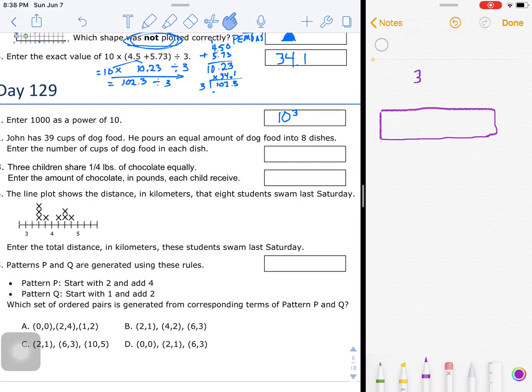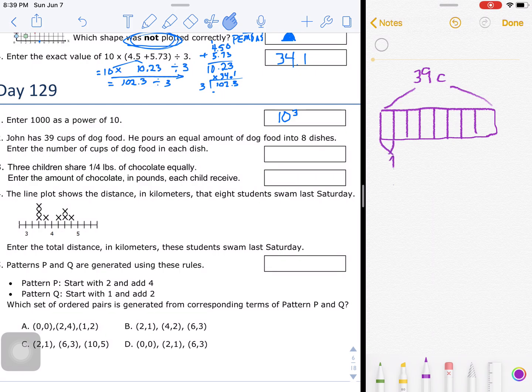John starts out with 39 cups of dog food, and we're going to divide those 39 cups amongst 8 dog dishes. And we want to know how much is in each one.